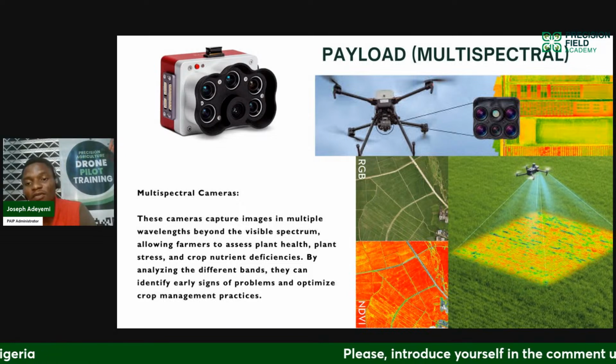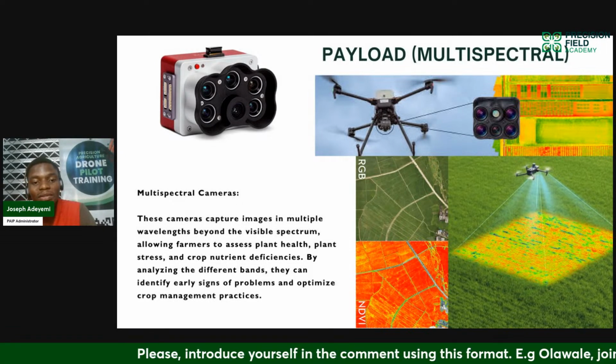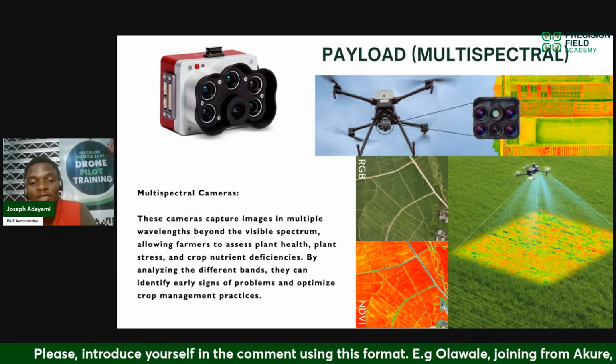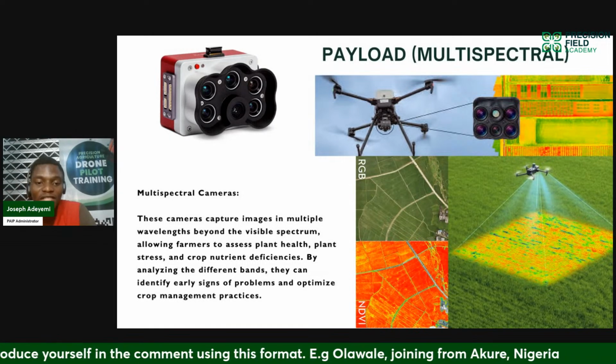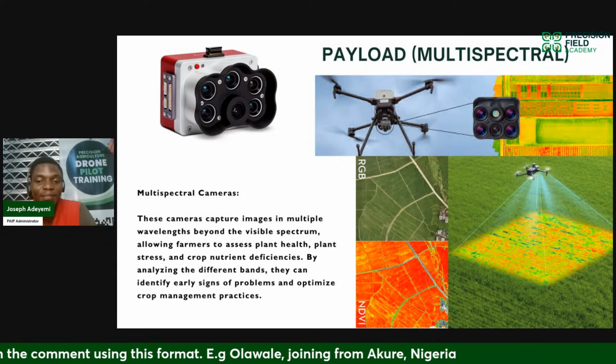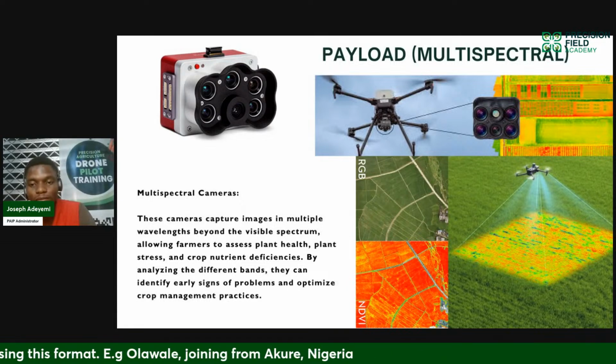Through the aid of a multispectral payload, your crop can communicate to you their specific needs, and you can respond to them through this information.